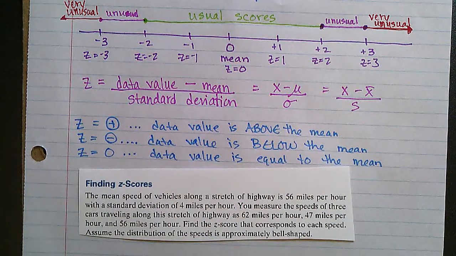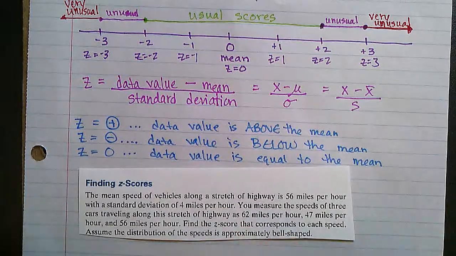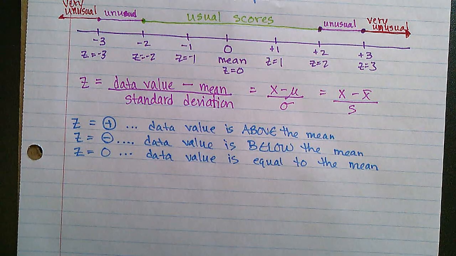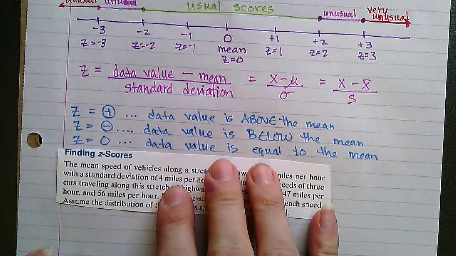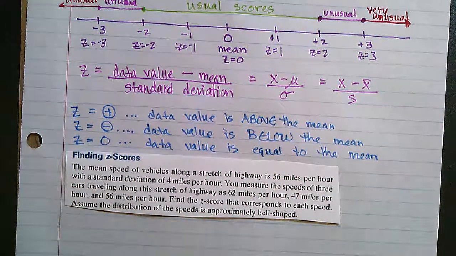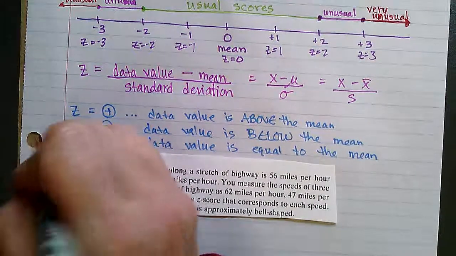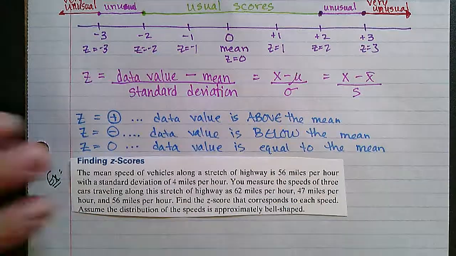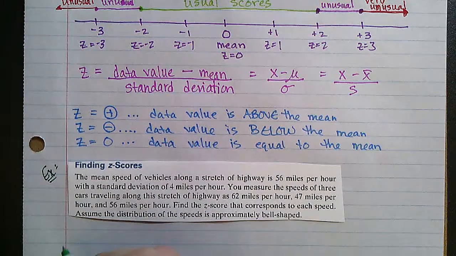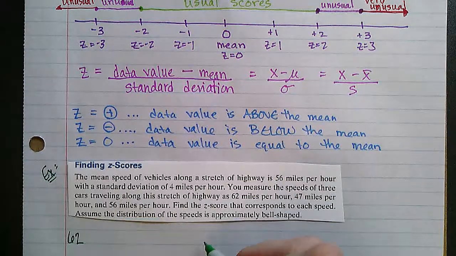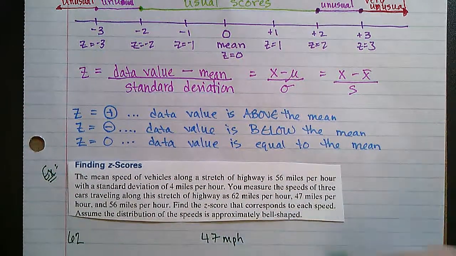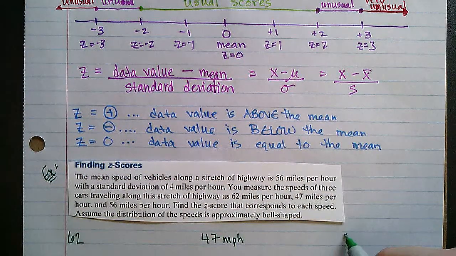Find the z-score that corresponds to each speed. So we're going to find 3 z-scores. One for 62 miles per hour, one for 47 miles per hour, and one for 56 miles per hour.